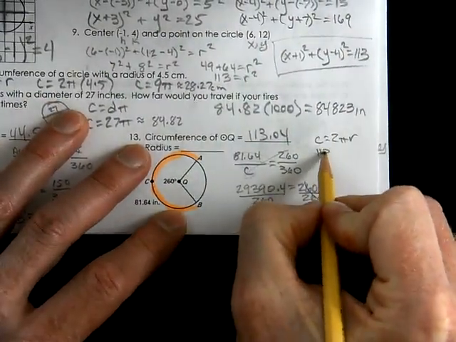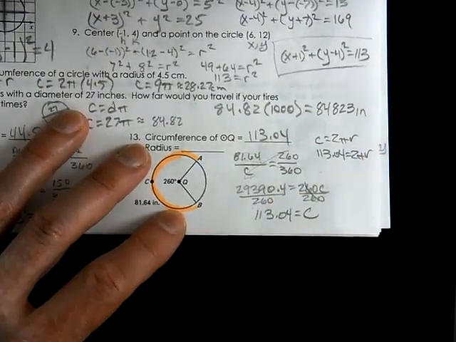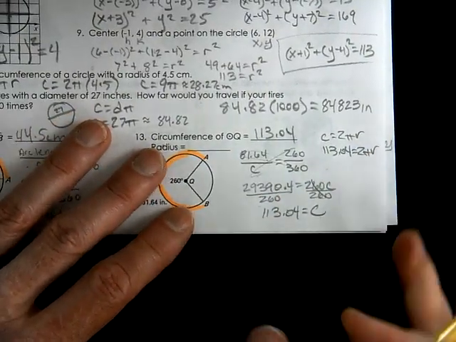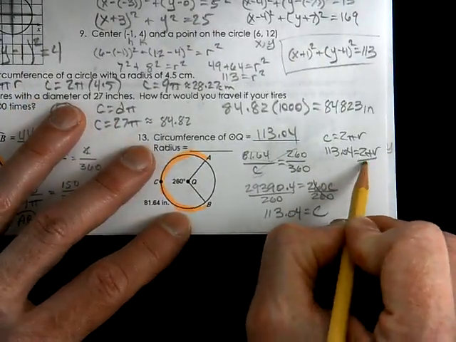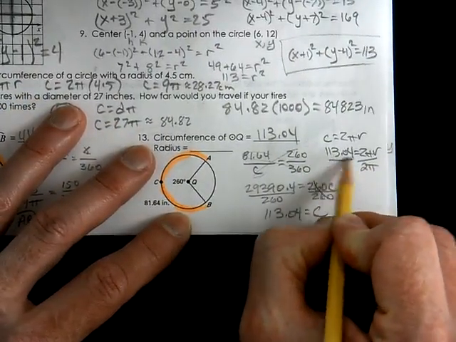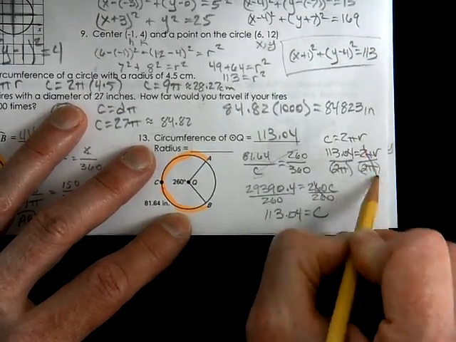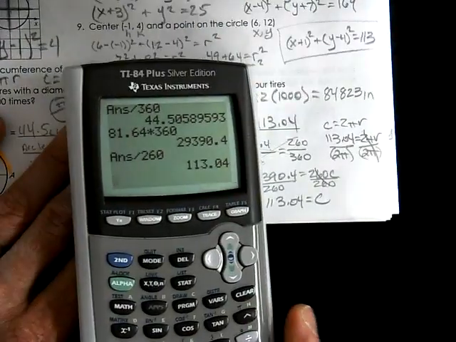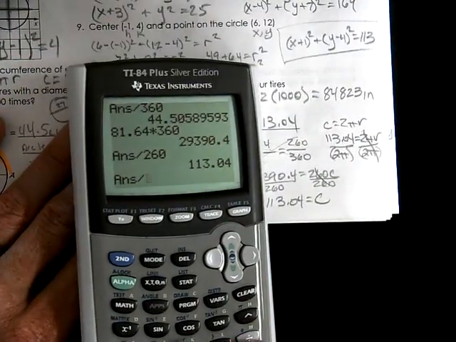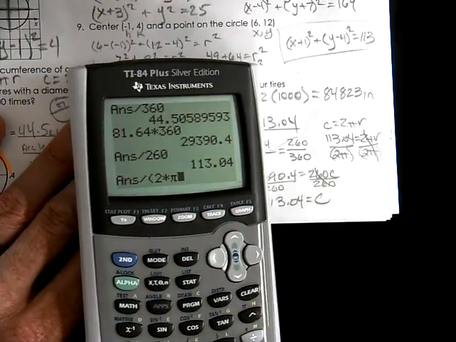So that's 113.04 equals 2 pi r, and you need to get the r by itself. So we're going to divide by 2 pi. Now you need to be careful here. You've got to use parentheses. So we're going to take our 113 and divide it, use parentheses, by 2 times pi.